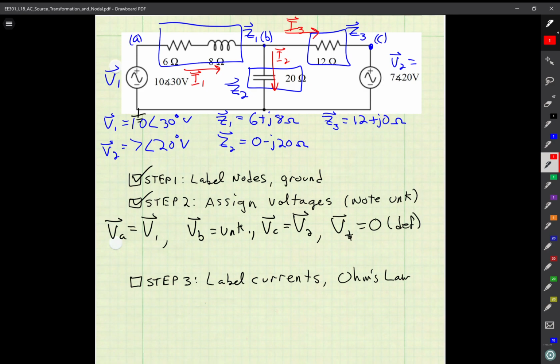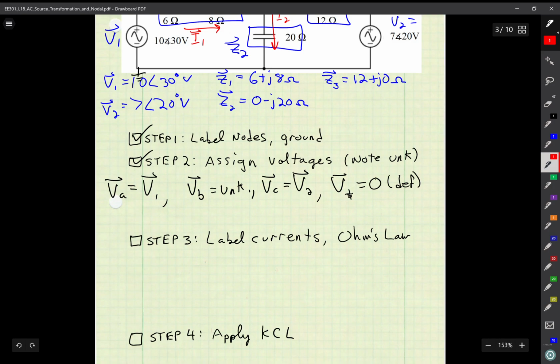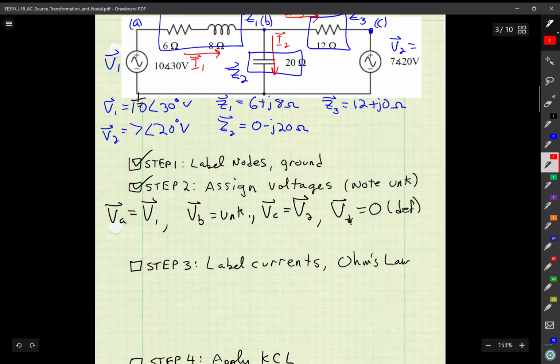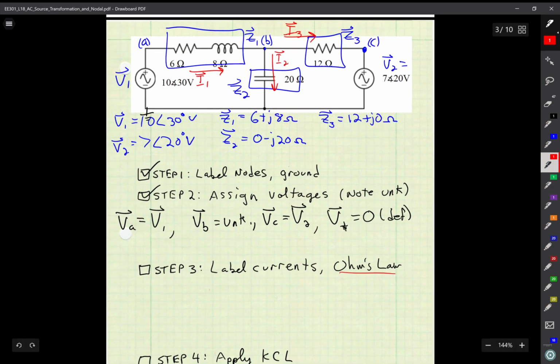So I've labeled those currents I1, I2, and I3, and I want to define what they are in terms of node voltages, and that's my application of Ohm's law here. So I'll say that I1 is equal to, well, it's going from VA to VB, divided by Z1.